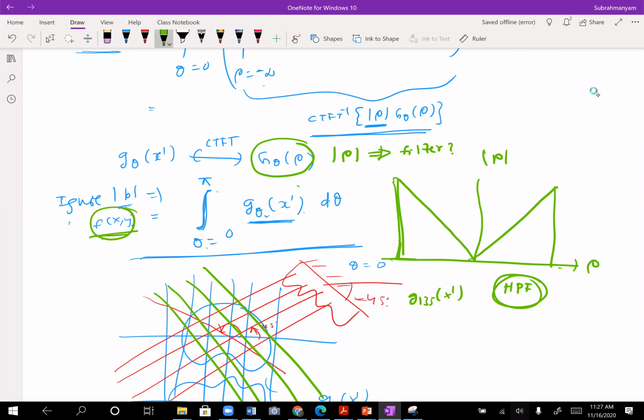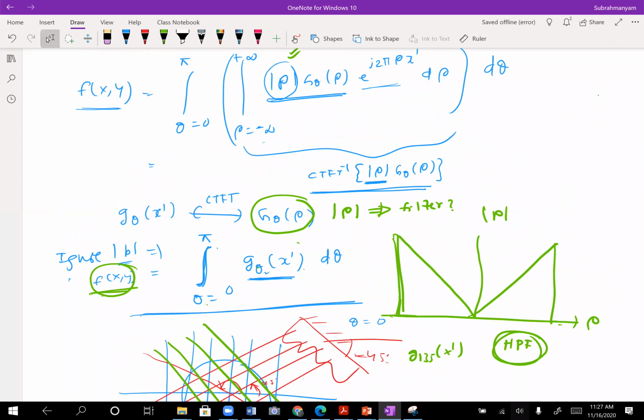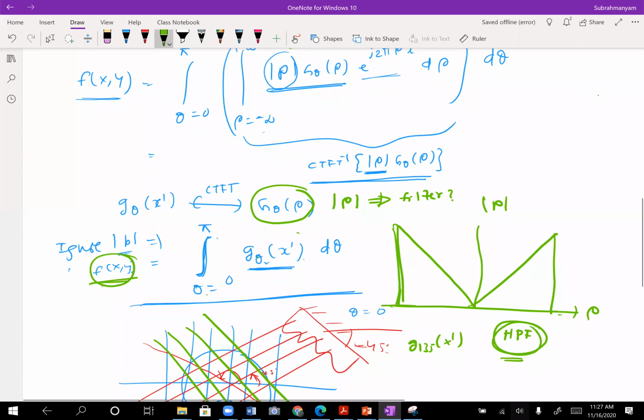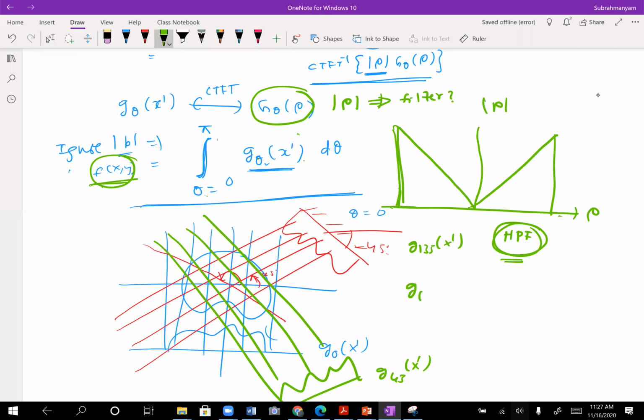So here you are multiplying, which should be equivalent, in the time domain, to convolving your g theta of x dash. Let me call this function h of rho. So whichever is the inverse Fourier transform of this function, let's call it h of x dash.